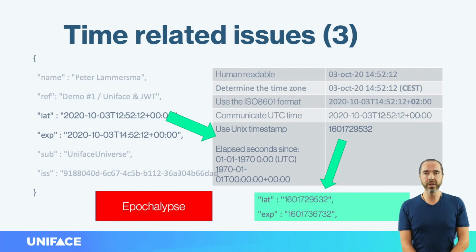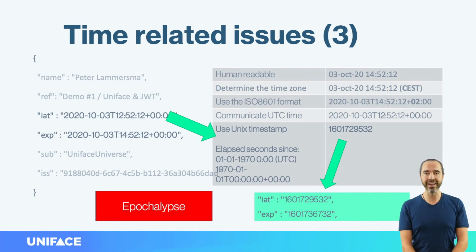So that's why we must use, that's by definition, the Unix timestamp. And Unix timestamp, also called the epoch time, is the number of seconds elapsed since January 1st in 1970. So we can calculate that. It's about 1 billion and a lot more.